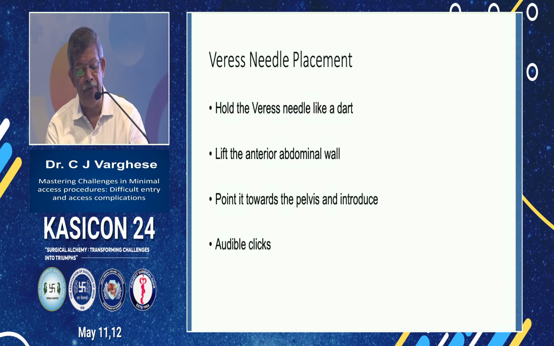If you are doing it at the umbilicus, it should point towards the pelvis, so that we are not directing towards the vessels, which should be avoided. Audible clicks will be heard as you pass through the fascial layers of the abdomen. Usually 2 clicks are heard, and once you are experienced, you know that you are inside the abdomen.